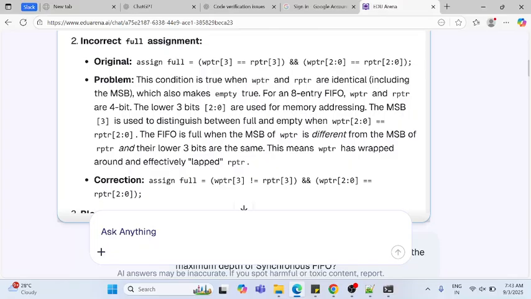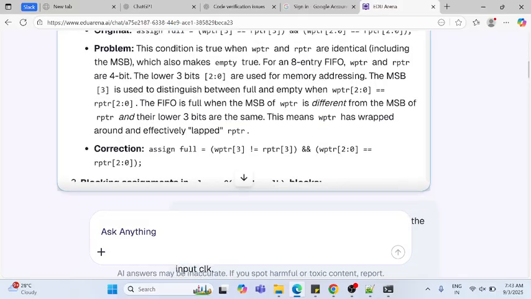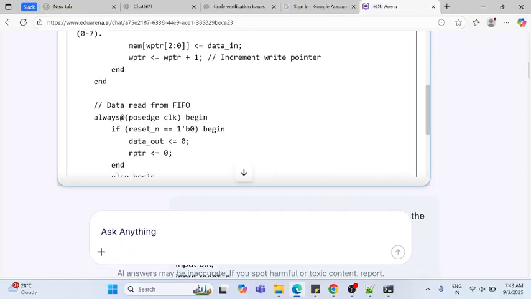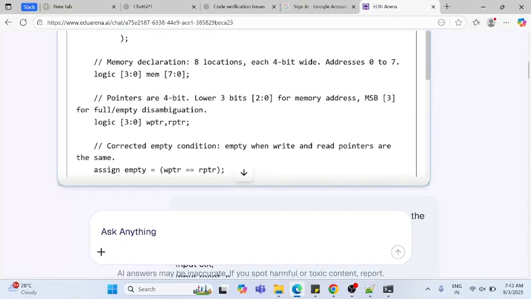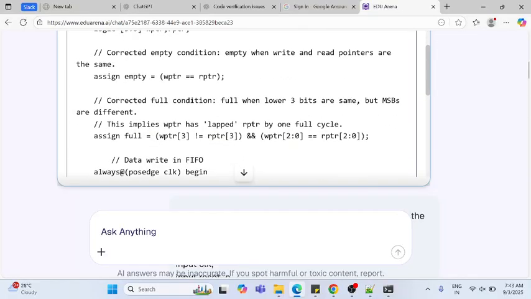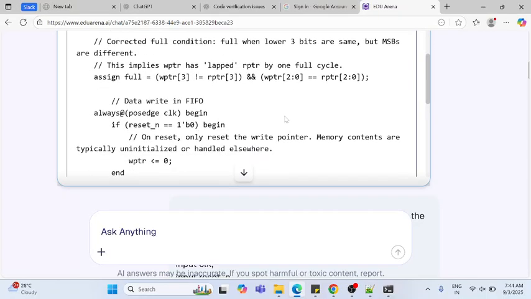But the MSB of write pointer should not be equal to the MSB of read pointer, and that is what they have corrected here. When the MSB of write pointer is not equal to read pointer and the LSBs are equal, this is the common condition that has to be used.